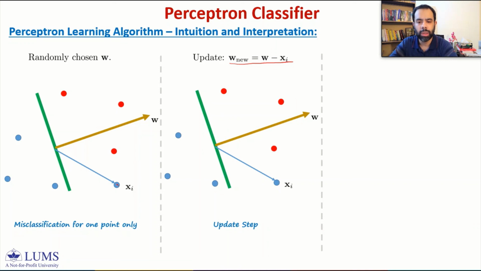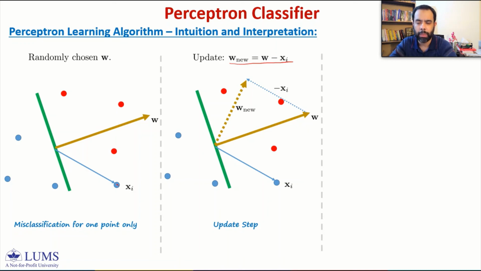So this is W, this is xi. So minus xi would be in this orientation, and when you add W, simply using the vector addition rule, this is my new weight vector.